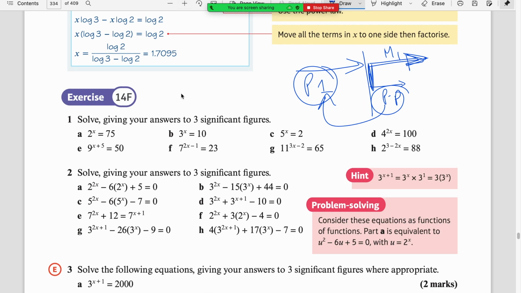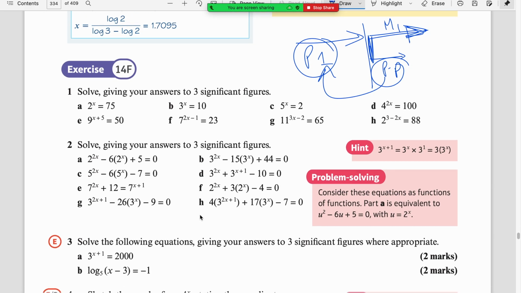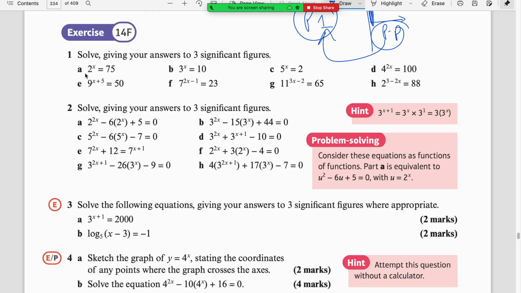Now these are questions exactly related to the examples we just did. 2 raised to x is equal to 75. If I use log, this is x is equal to log of 75 to base 2. B part, this is log of 10 to base 3. C part is log of 2 to base 5.